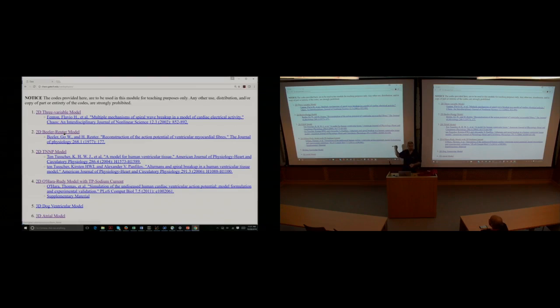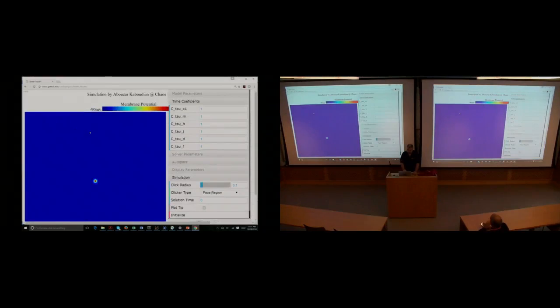He ran a 400 by 400 domain for 400 milliseconds of time. It took 1 hour. Now on my computer using the GPU, you're going to see it runs much faster than that. It's amazing.